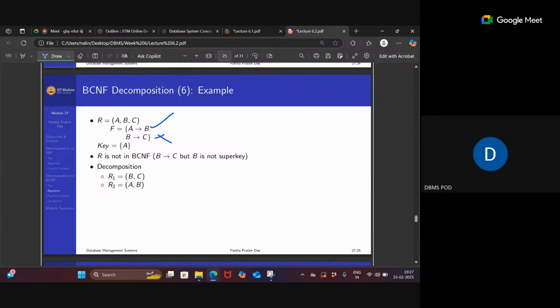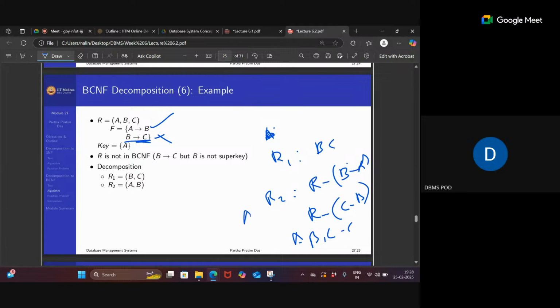So what we can do is decompose it, taking whatever is violating BCNF in this FD. We decompose R1 as BC, and R2 can be R minus C. What is our ABC minus C?